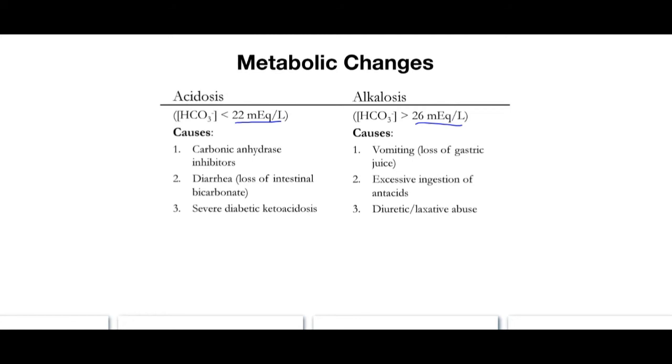We're looking at our arterial circulation again. Acidosis would be under conditions where your concentration of bicarb is anything less than 22 milliequivalents per liter in the arterial blood. For venous, I'll write that up here again, it's 19 to 25.